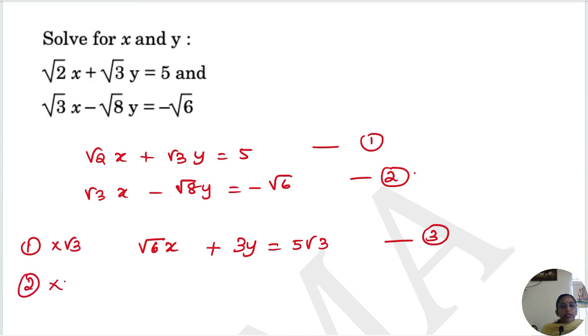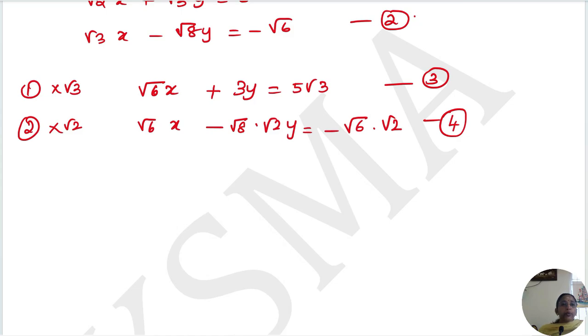Similarly, the second equation is multiplied with root 2. So root 6 x minus root 8 into root 2 y is equal to minus root 6 into root 2. This is our equation number 4.